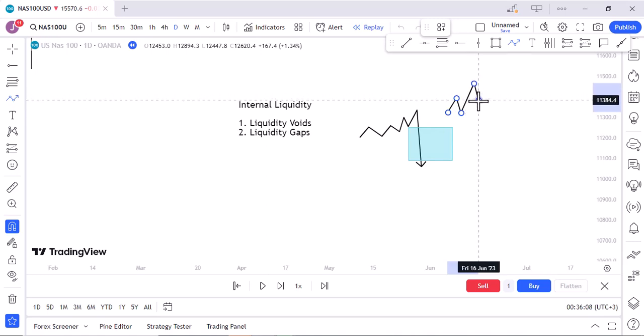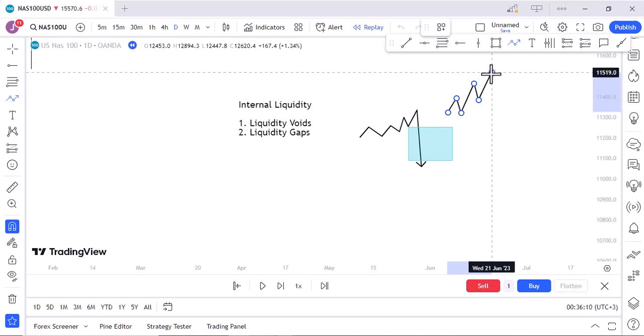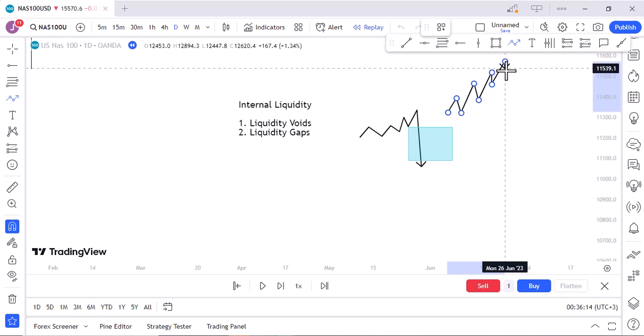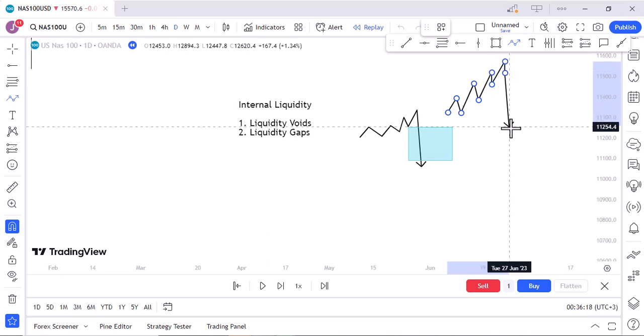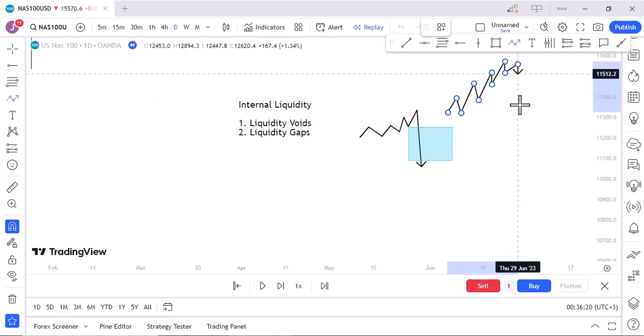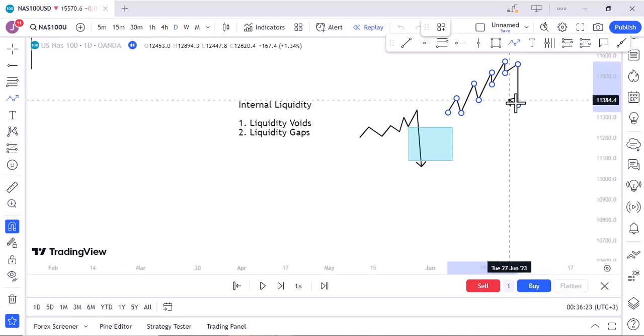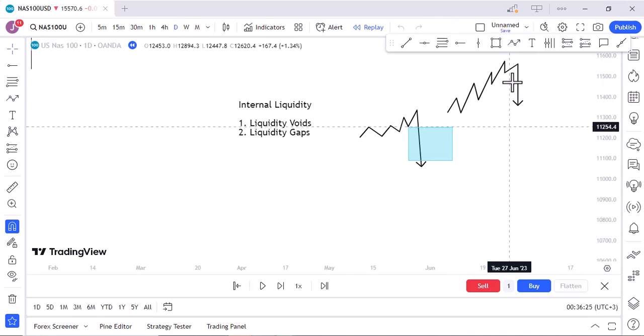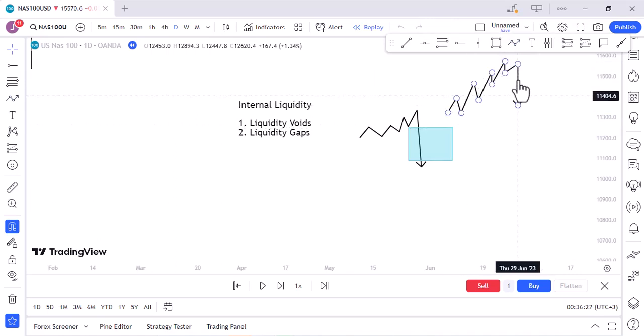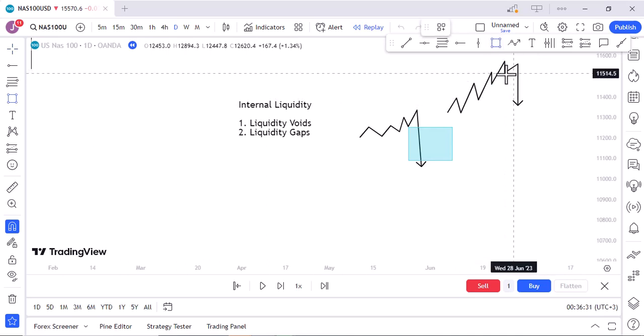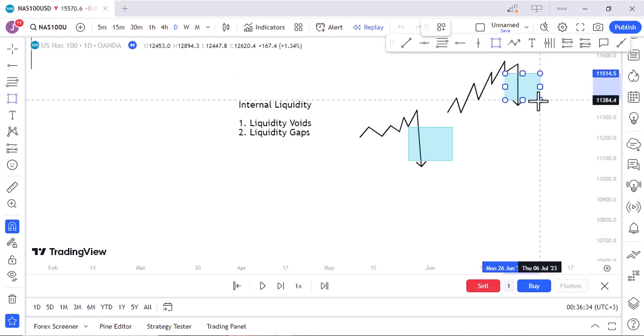It creates new highs, collects the previous highs. But when price suddenly does that, so maybe it does this and then does that, that is an imbalance. This is not good. As soon as price does that, that is a liquidity void.